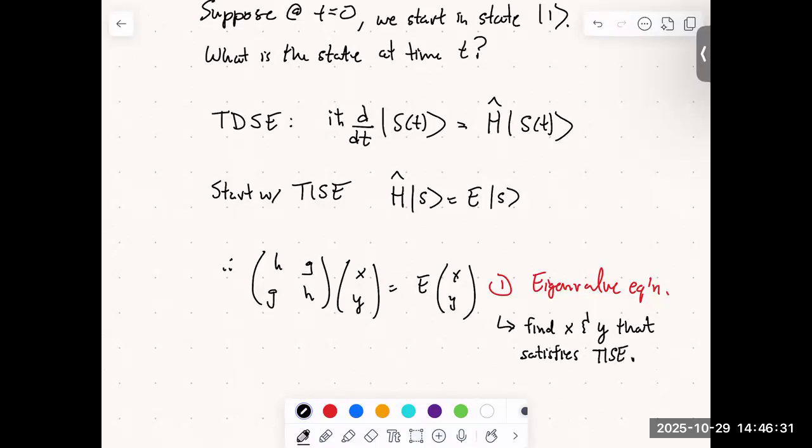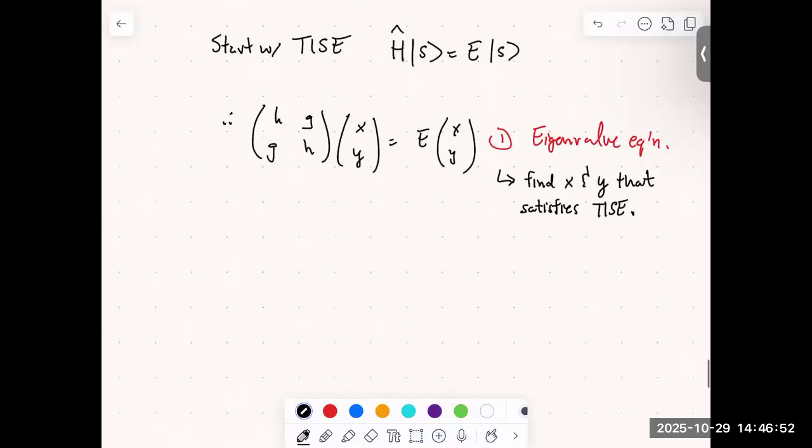Now, I assume that you've all taken a linear algebra course where you've learned how to solve eigenvalue equations. Is that correct? You've seen it? Yeah. So I'm not going to rederive everything from scratch, but I'll go through this example slowly to remind you of the process. Okay, so this is now linear algebra.